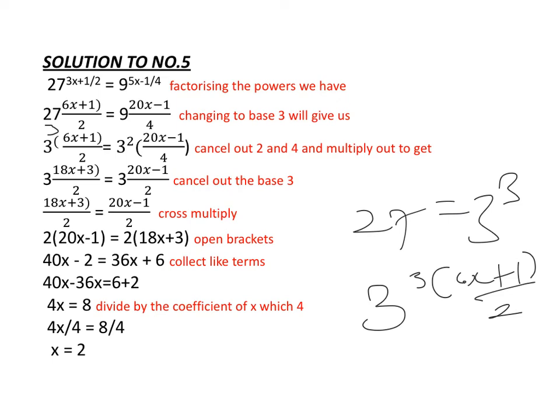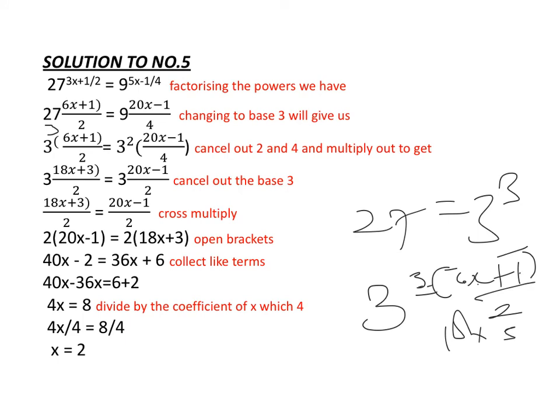Cancel out 2 and 4 and multiply out to get 3 raised to power bracket 18x plus 3. That is when you use this 3 here to multiply, to open up this bracket. 3 times 6x, 18x. 3 times 1, 3.